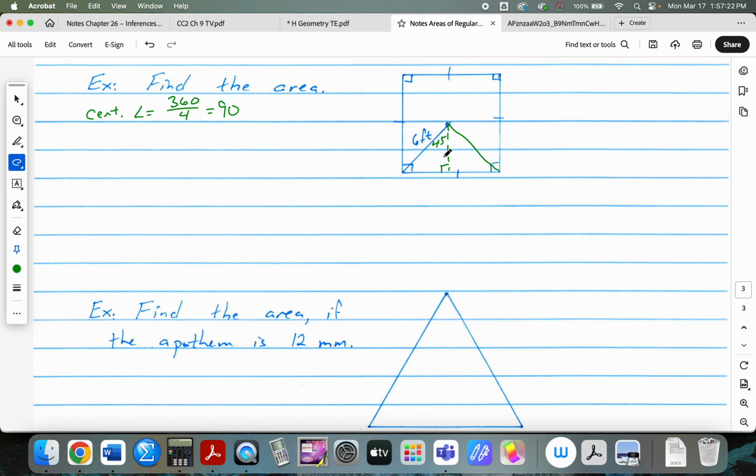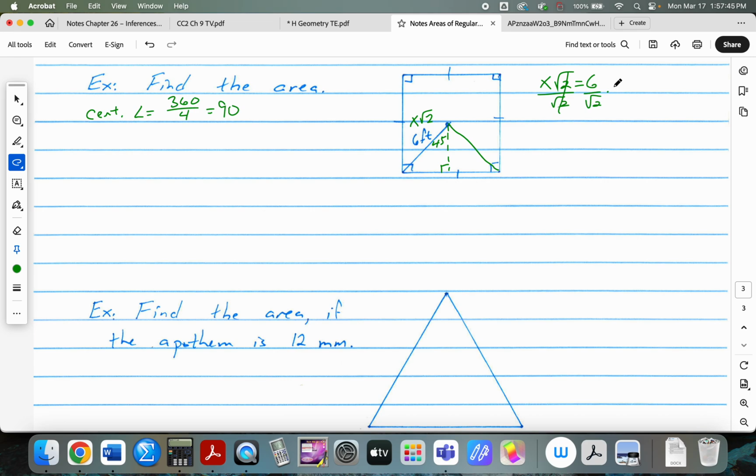So remember, in a 45, 45, 90, this is, I'll call it x. I don't want to use s because s is the side length. This is x square root of 2. So x square root of 2 is equal to 6. Divide both sides by the square root of 2.